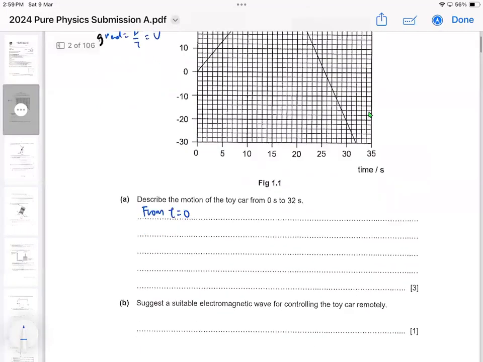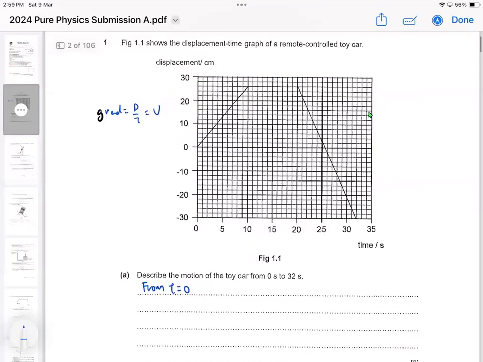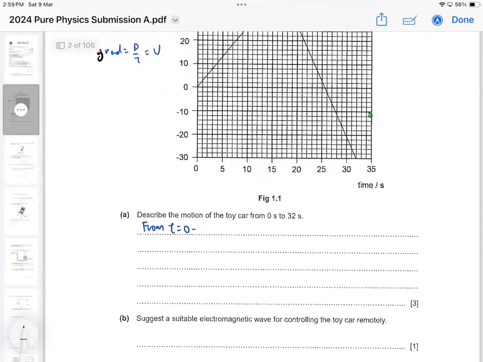So we have time equals 0 to about 10 seconds. Okay, constant gradient, constant velocity.